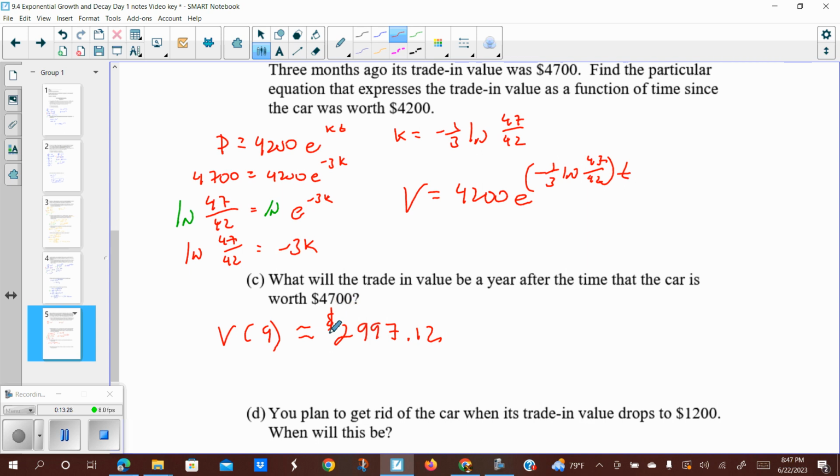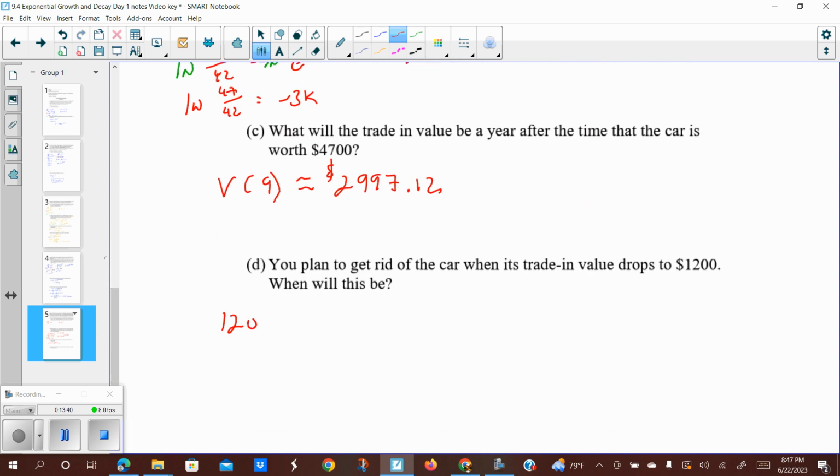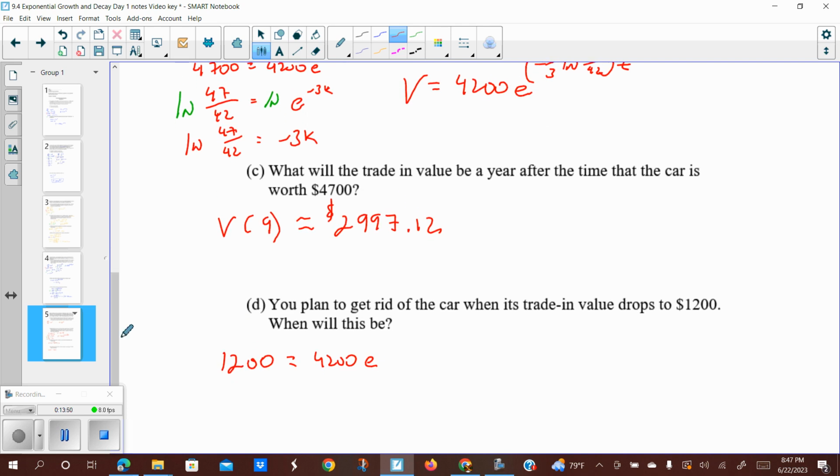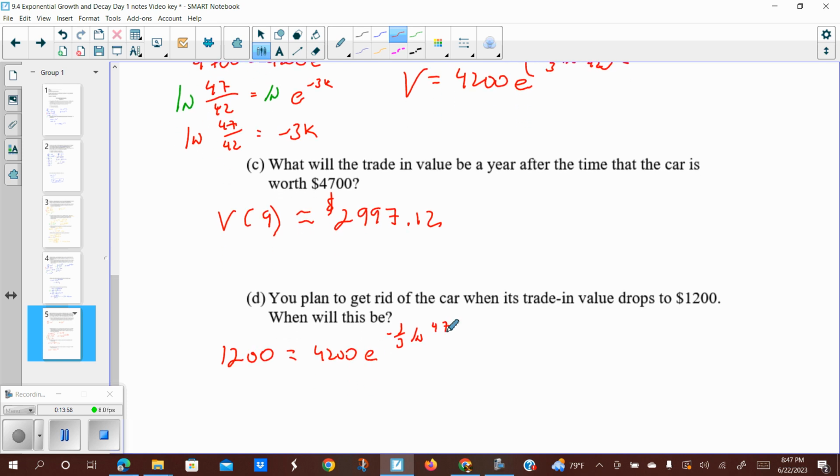Part D, last part here. You plan to get rid of the car when the trade-in value drops to $1,200. When will this be? Again, the word when means we are solving for time. So we will plug in 1,200, set that equal to 4,200 e to the negative 1/3 natural log of 47 over 42 times t.